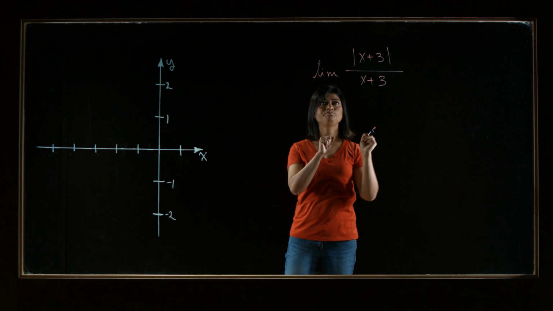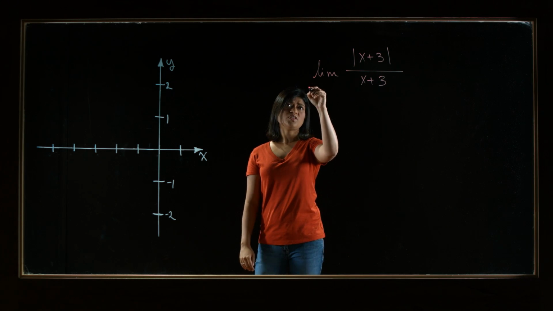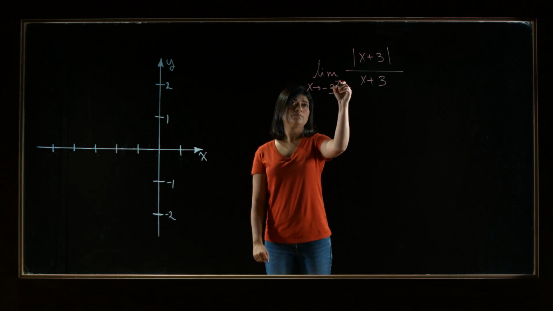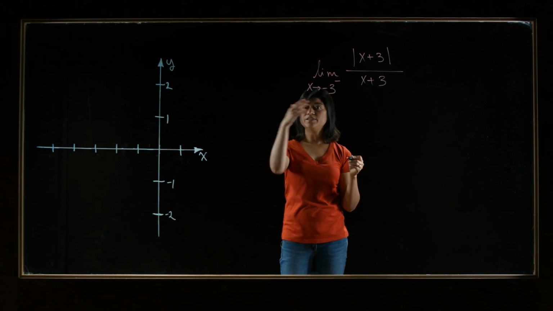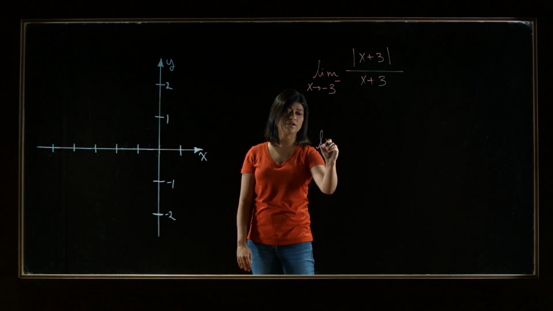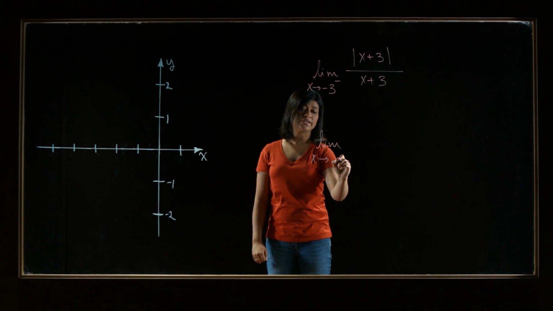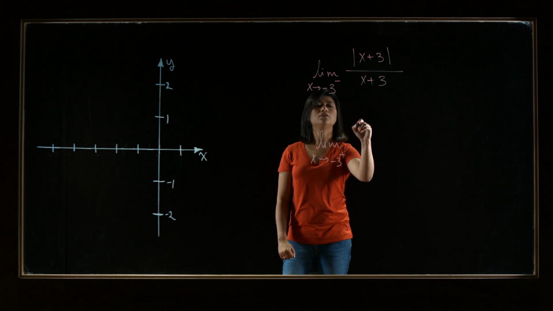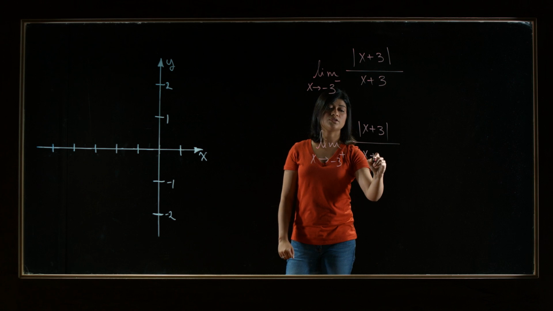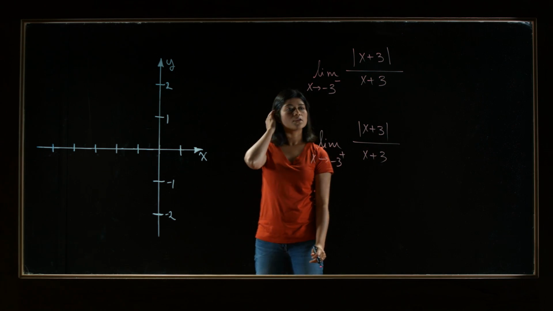It's a one-sided limit as x is approaching negative 3 from negative 3 minus, which means x is approaching negative 3 from the left side. And we also have to evaluate the right-hand side limit, that is x approaching negative 3 plus of the same function. And we need to use the graph of the function to evaluate the limit.